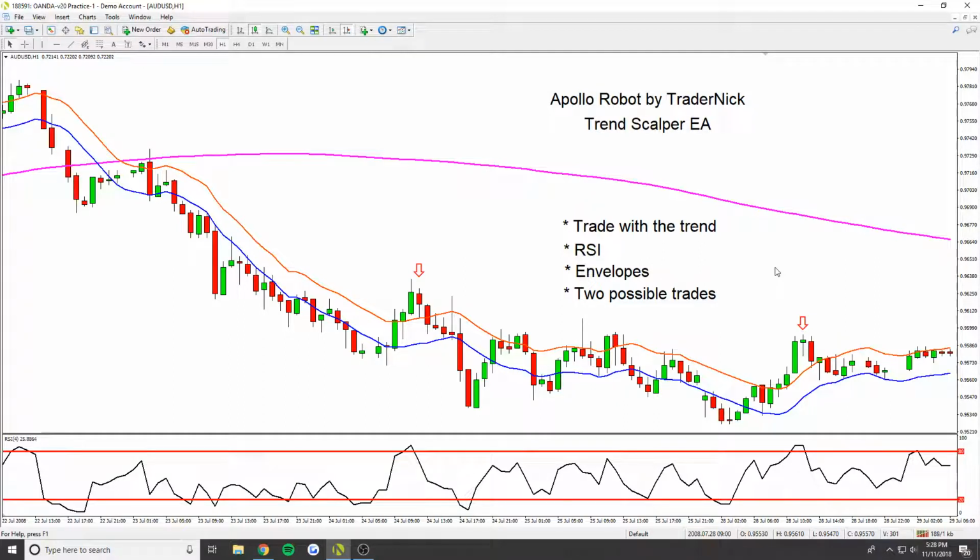Now what this robot will do is shoot for some very small gains. However, it's going to rack in a lot of winners. I'll show you in a minute here some backtesting, but what you'll see is that overall, this system has a 90+% win rate. It wins very frequently.